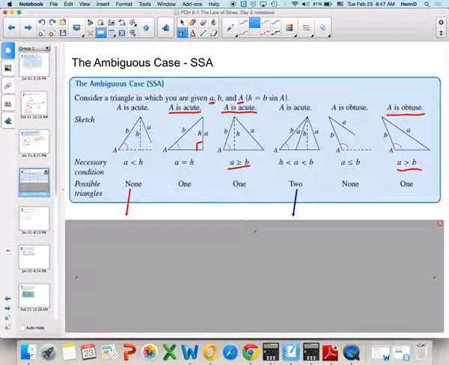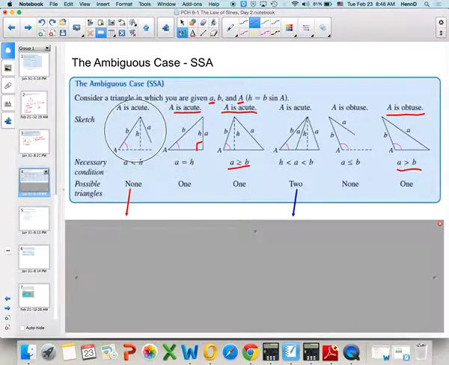This one's not real evident right away, but as you work it out, you would end up realizing that there's a side across from your angle that is too short. No matter how long you make this side and no matter what the other angles are, this side here will never hit the other side of your triangle.